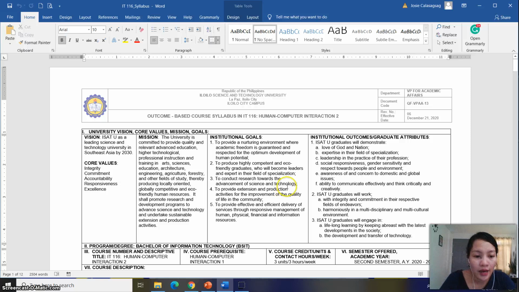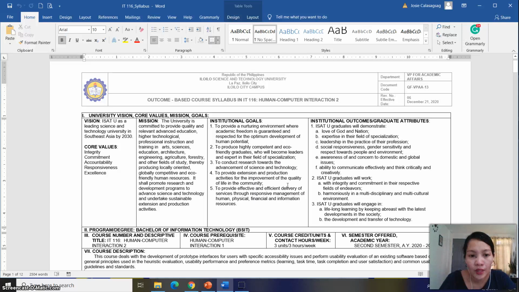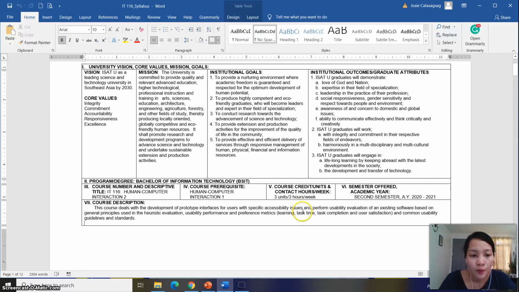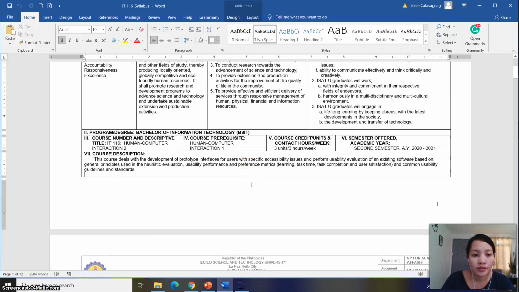So here we have the OBE core syllabus in IT 116, Human Computer Interaction 2. We have here the program or degree, Bachelor of Science in Information Technology or BSIT, of course. For the course number and descriptive title, we have here IT 116 Human Computer Interaction 2.